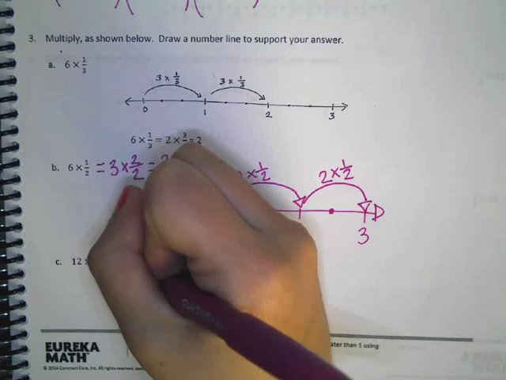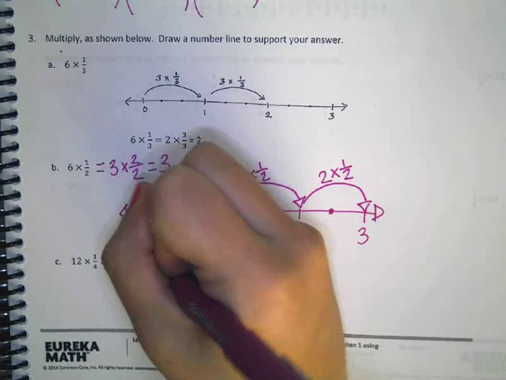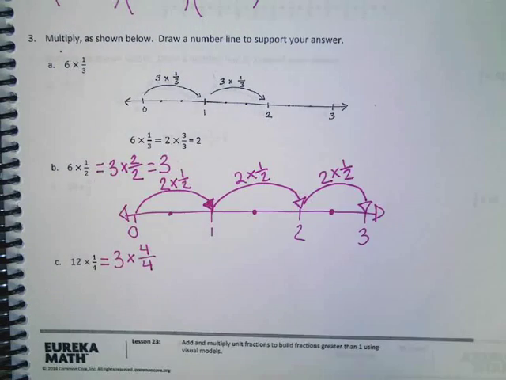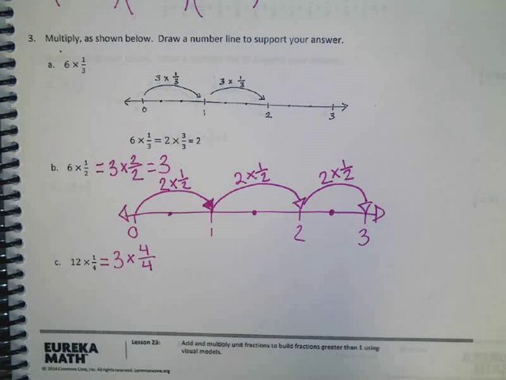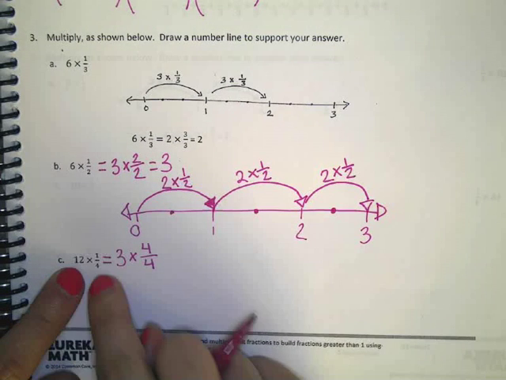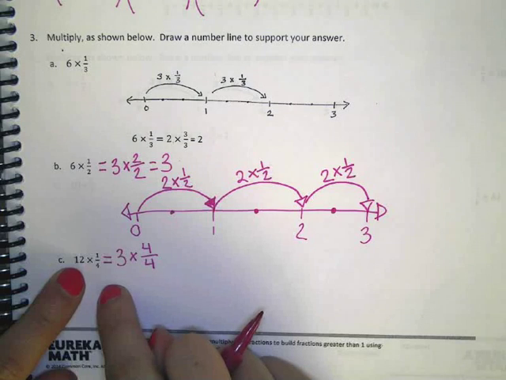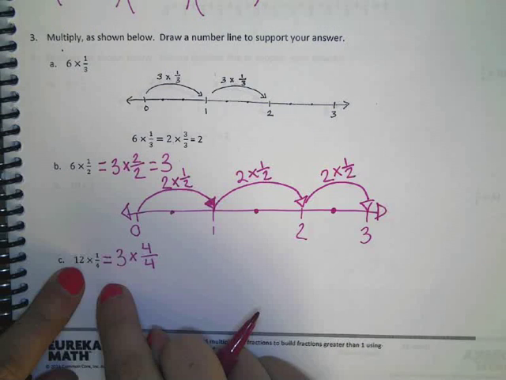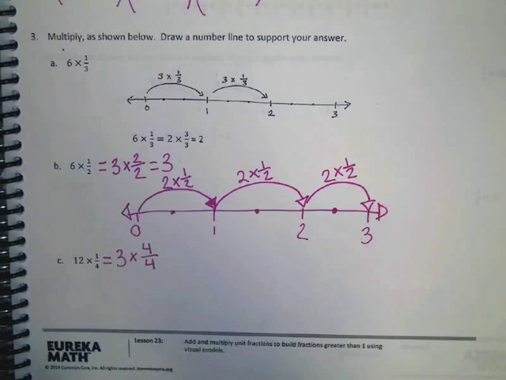So 3 times 4 over 4, like that. How'd you come up with that? You're right. Because 3 times 4 is 12. So with our 12, we can make 3 groups of 4 over 4. Kind of tricky, but it works, right?